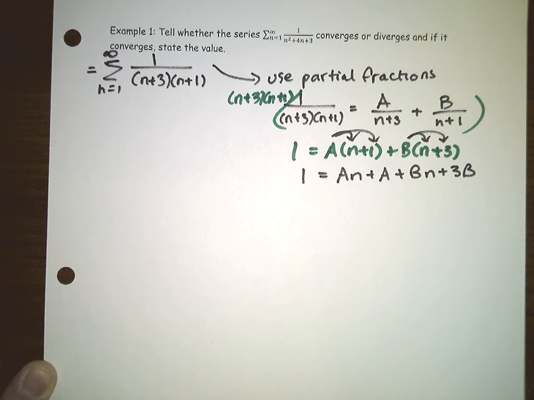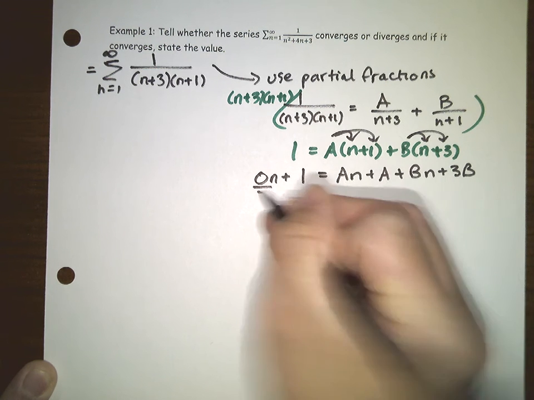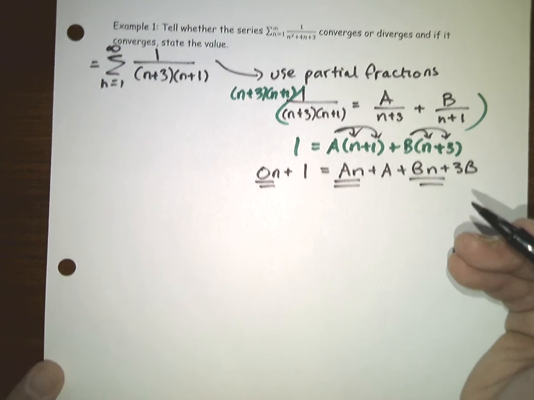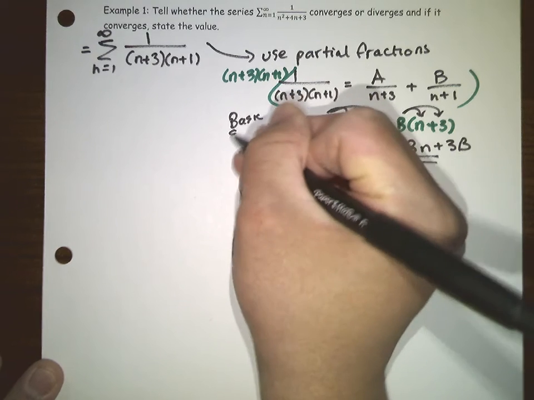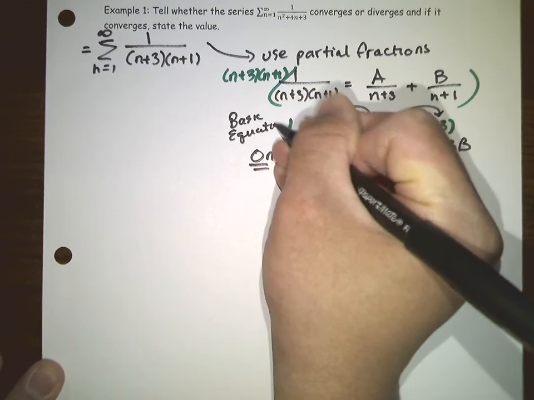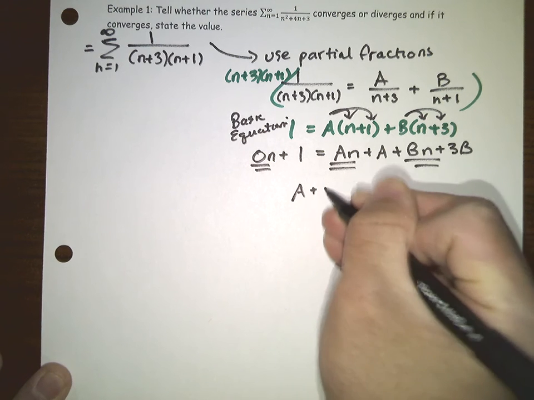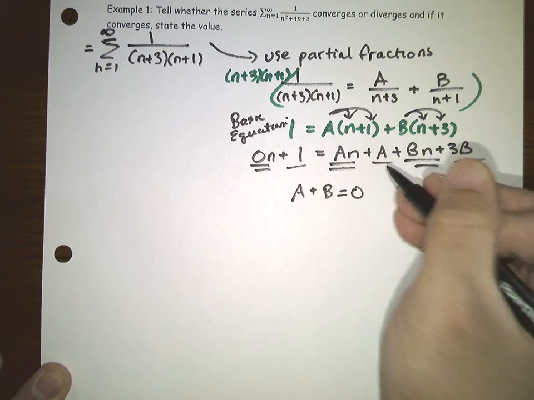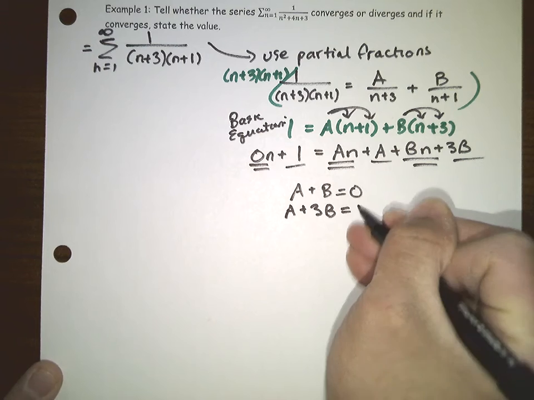So this is over here 0n plus 1. So the coefficients of the n terms need to be set equal to each other. Again, we're using the basic equation to get all of this. So that means A plus B is 0, and then we set the constants equal to each other. So A plus 3B is equal to 1.